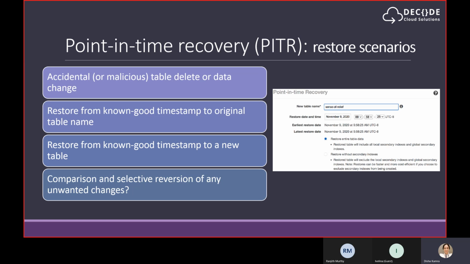If the application is being taken down during the recovery, it might be possible to delete the original table and restore to the same table name. But it is much more likely that you want to keep the original table and possibly keep operating in a degraded state during the recovery. So you will choose a new name for the restored table.